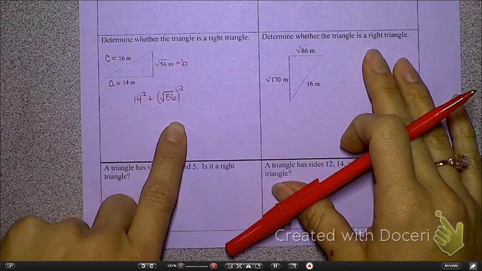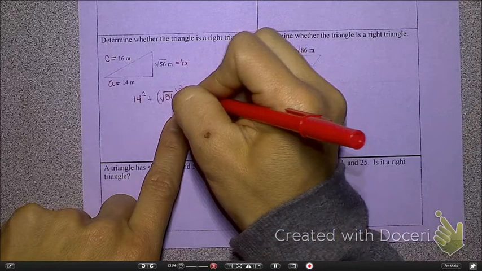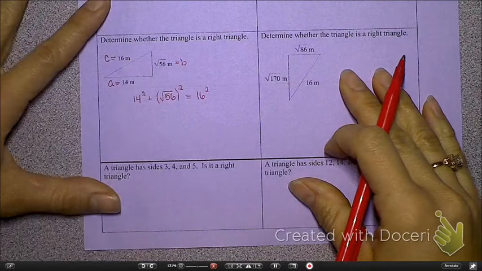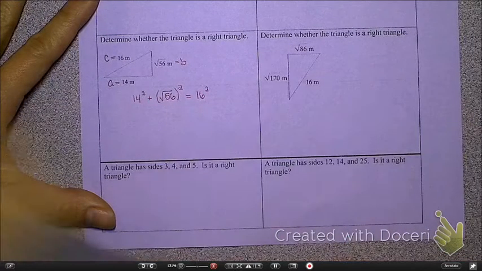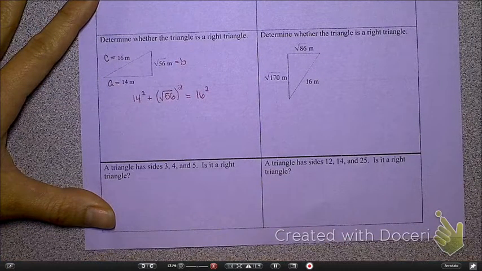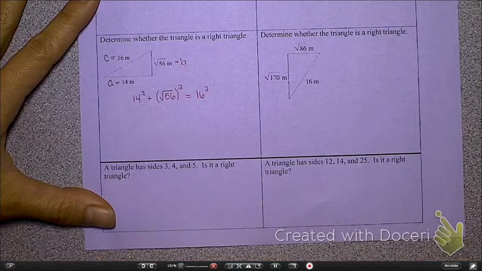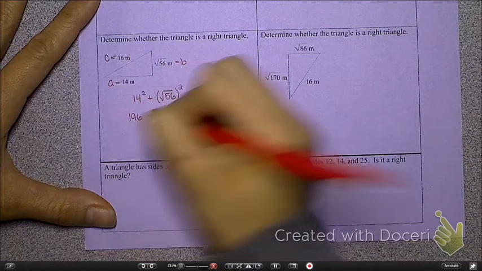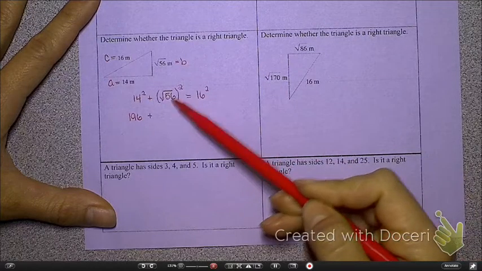Okay, equals c squared. Okay, now what is 14 squared? Some of you are probably doing it on your calculator. What was it, 196? Okay. Now, how many of you are like, I don't know what to do with this?